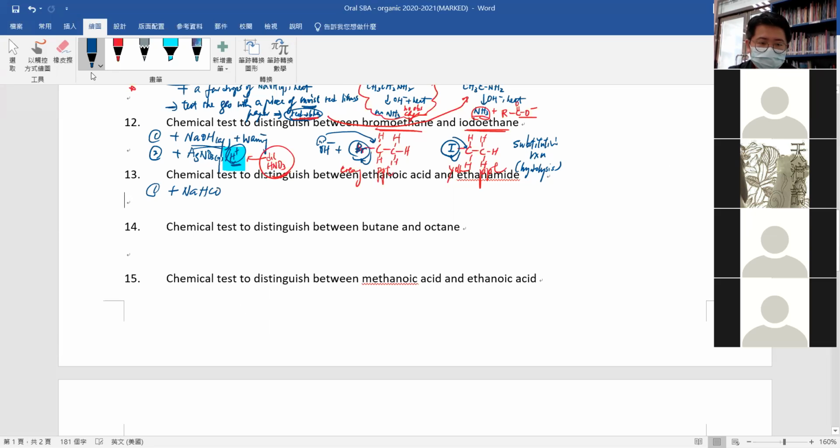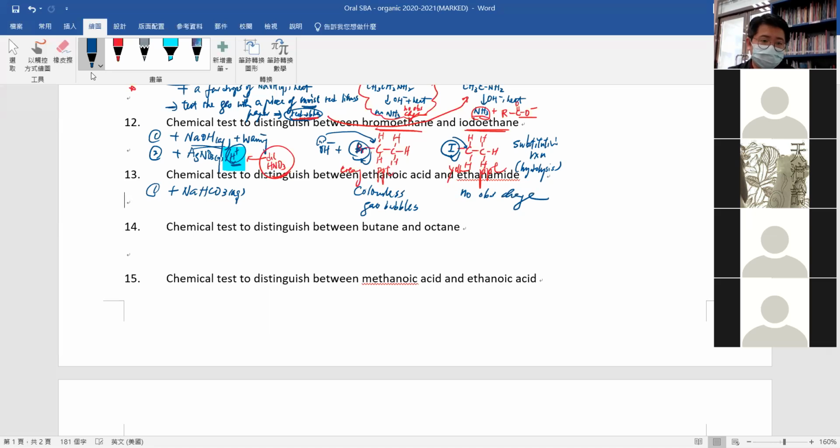No, it won't work. Colorless gas bubbles. How about ethanamide? No observable change. Yep, no observable change.